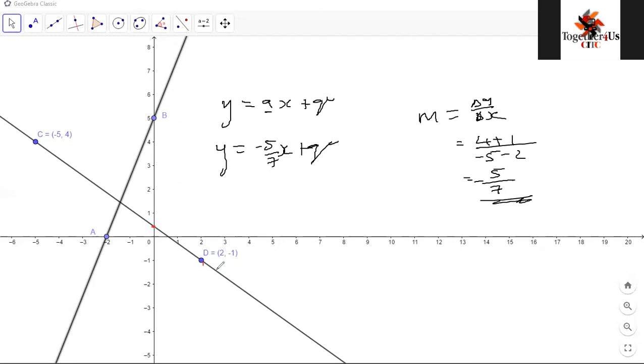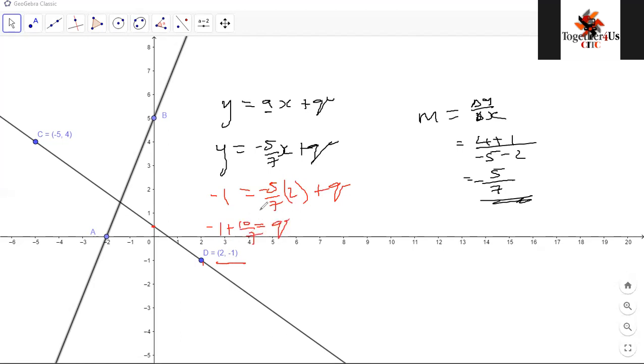So I'm going to take the simplest one. I'll take 2 and negative 1. So if y is negative 1, then x is 2 there. So negative 5 over 7 times 2, plus q. And we can see now what we've got here: negative 1 plus 10 over 7 equals q.